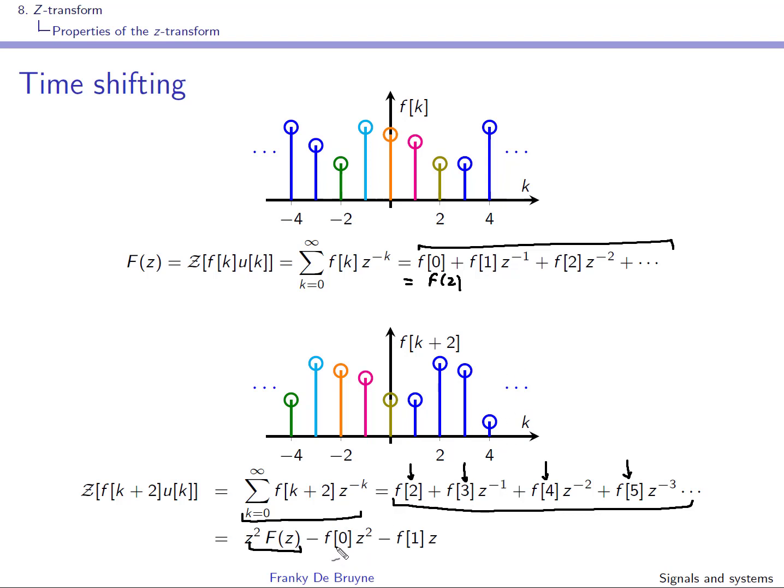It's f0 z square and f1 z, so of course you have to subtract them, and this is how you obtain the z transform of a signal that has been shifted by 2 to the left.